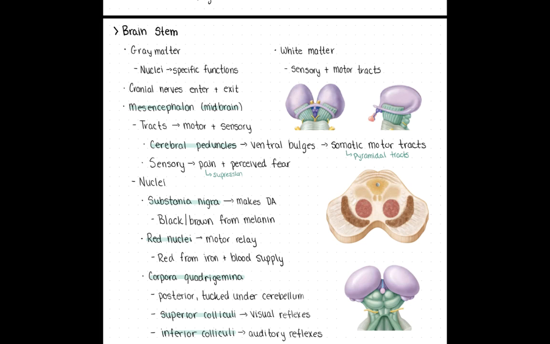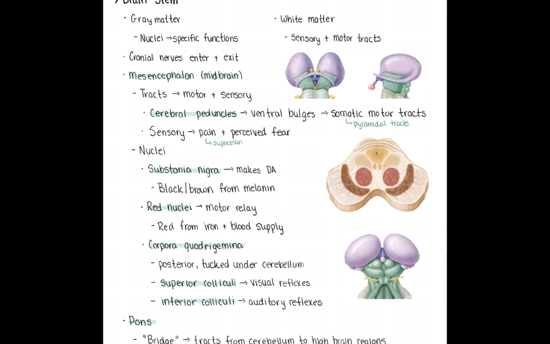The midbrain functions to link perceived fears with the autonomic nervous system, which produces the response to those fears. So those are some sensory tracts. When we get to the cerebellum, we'll talk about how it connects to each of the parts of the brainstem, but there are connections and tracts from this midbrain that go to the cerebellum as well. So let's talk about nuclei now.